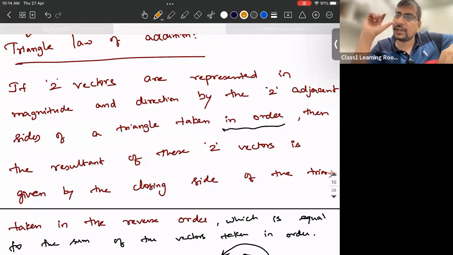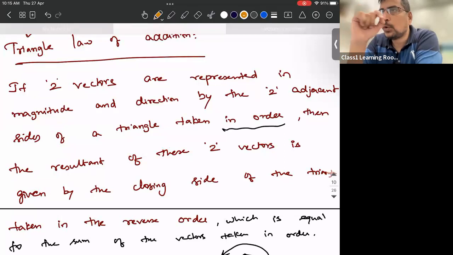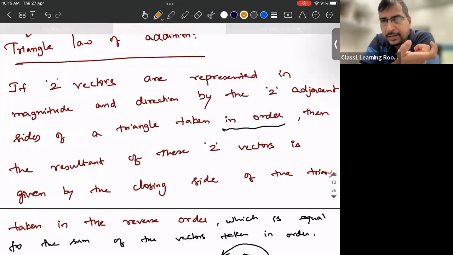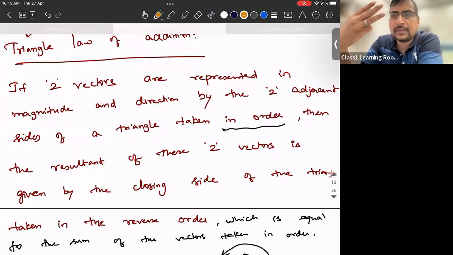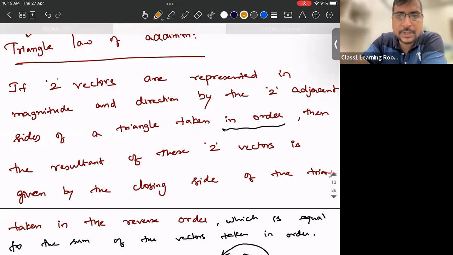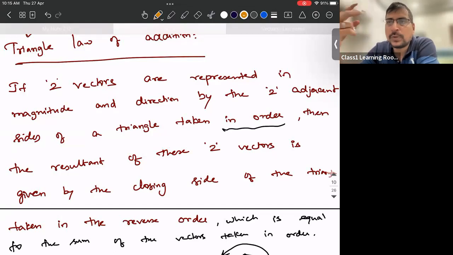So you should know when to use which one. First, let's concentrate on understanding the triangle law of vectors. As the name suggests, triangle: for me to form a triangle, I need three sides. But what did I tell you? To perform the operation, they'll give you only two vectors. With two vectors, you can form only two sides. Then what the third side is going to represent is the question.